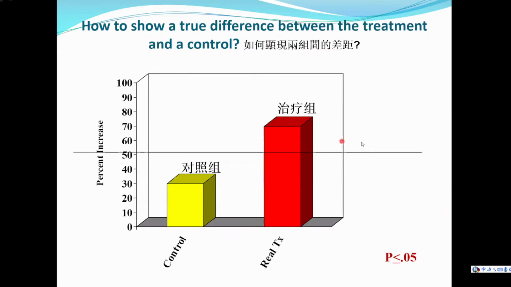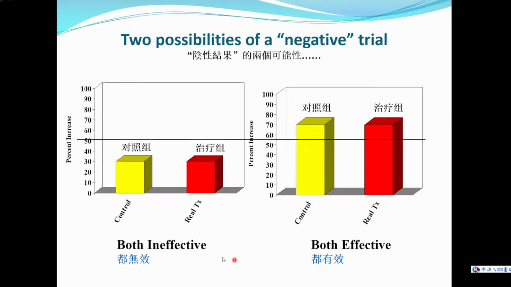Okay. So usually we explain that if you want to show acupuncture works, the treatment effect must be over the average, say 50%. So the control must be low, and P very small. But it could also be that acupuncture and the control are both effective.